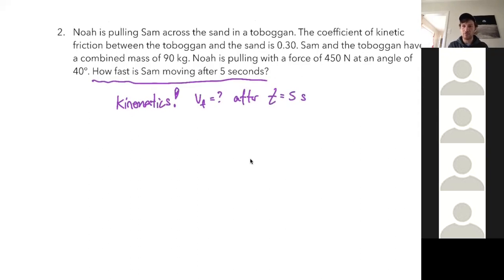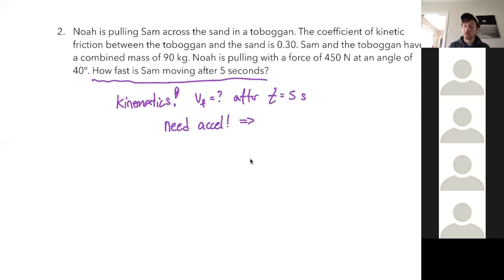Now, in order to solve these types of kinematics questions, we need our acceleration, right? And how do we get our acceleration? Well, I think it's pretty clear based on the unit we're doing. We need to use dynamics, okay? Use dynamics to find our acceleration. Once we find our acceleration, we can go back to kinematics.